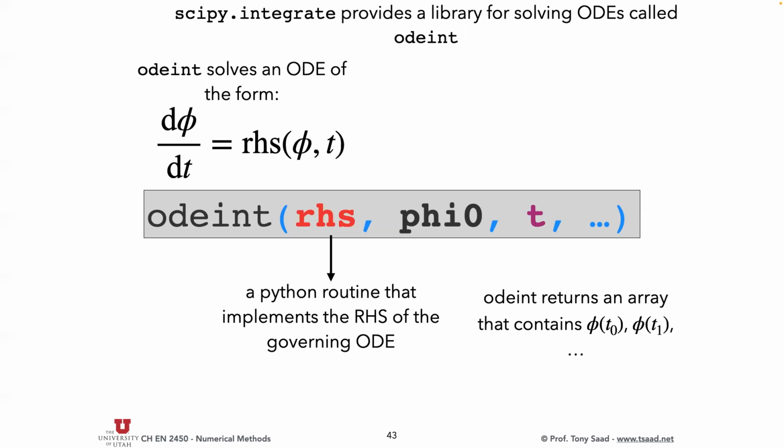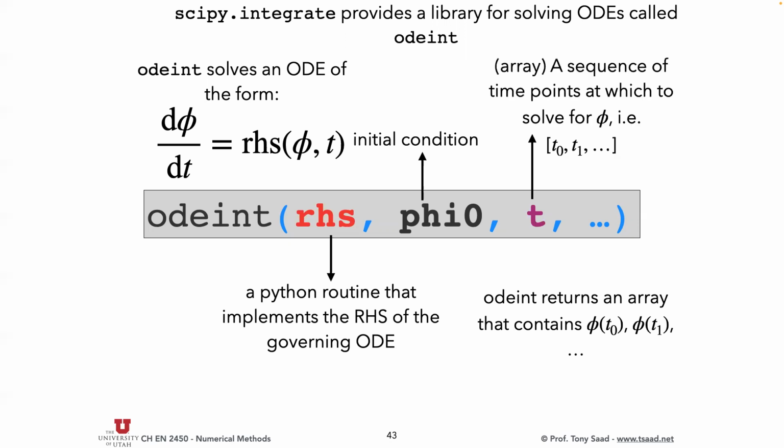And phi 0 is just the initial condition. If you're solving a system of equations, it will be an array of initial conditions, 1 for each equation. And T is simply a linspace or an array of times. So you're starting from T0, T1, T2, T3. That tends to define your time step size as well, so T1 minus T0 or T2 minus T1.